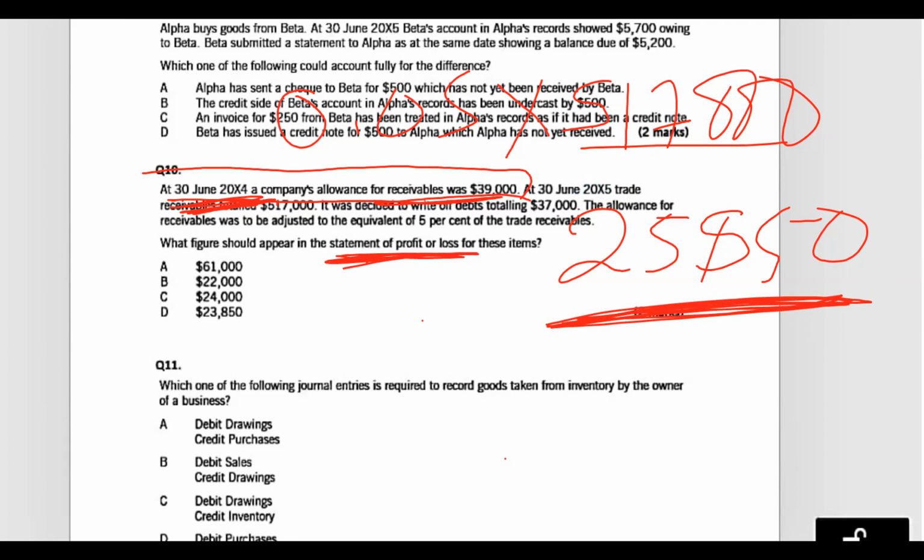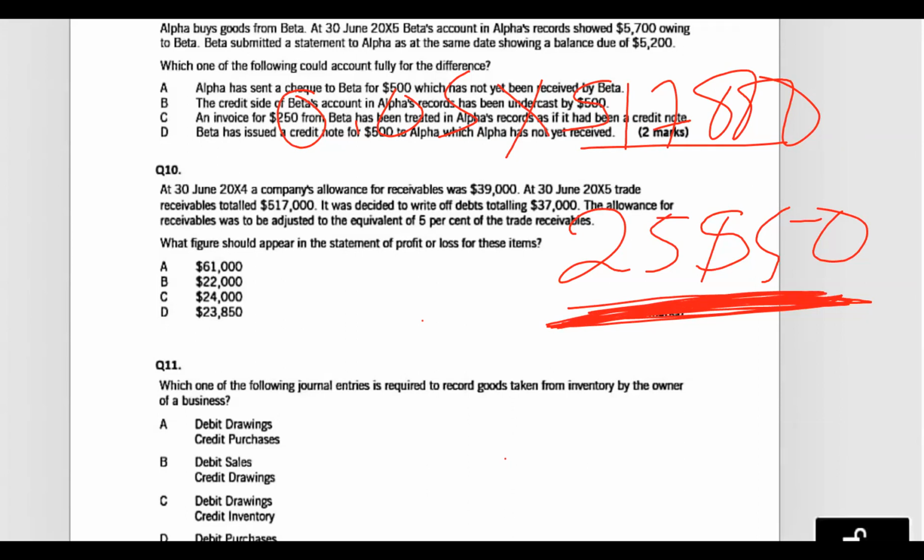So you need to find the difference, the way I showed you how to handle depreciation. Before you know what amount to record in the profit and loss account for allowance for receivables, you compare this amount with the one in the trial balance.